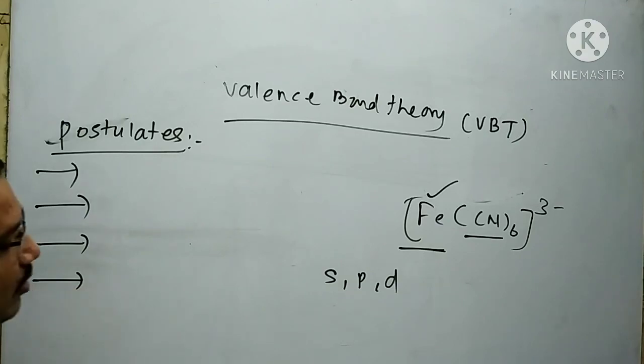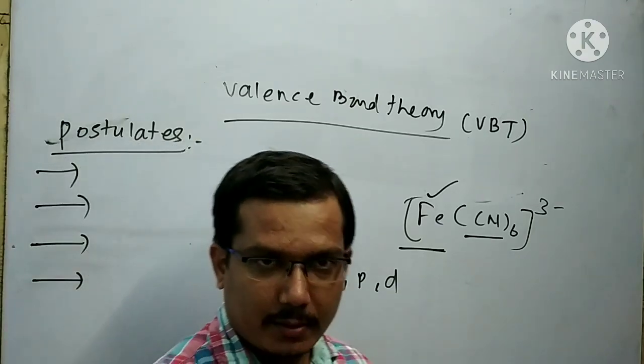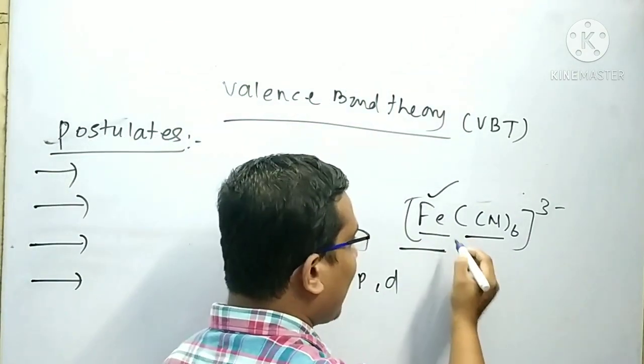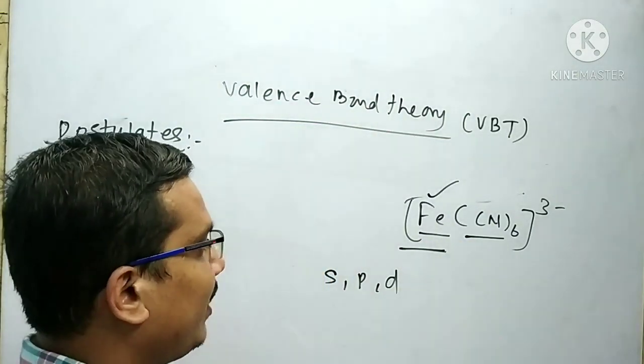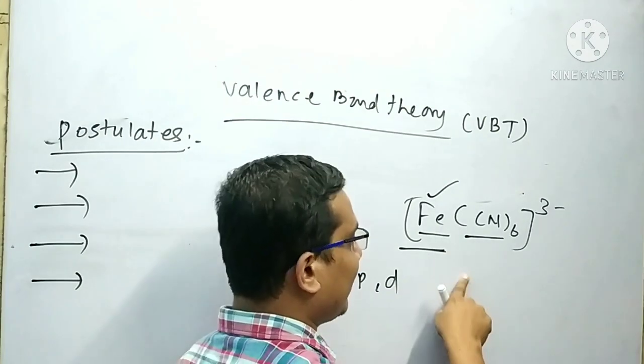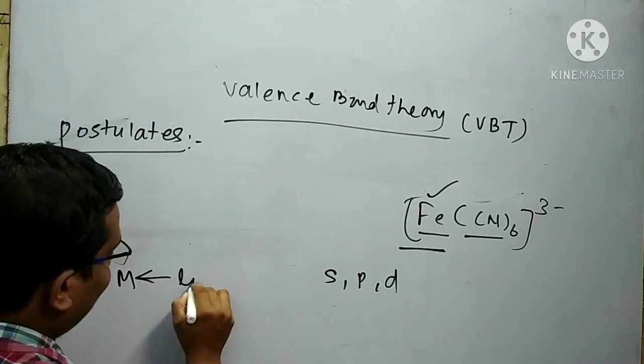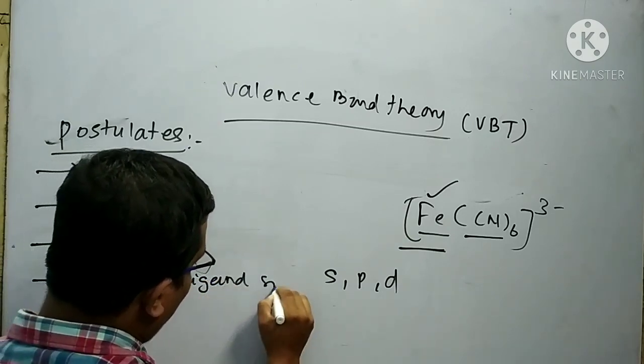Fourth, the vacant hybrid orbital of the central metal atom or ion overlaps with the filled orbital of the ligand to form a metal-ligand coordinate sigma bond.